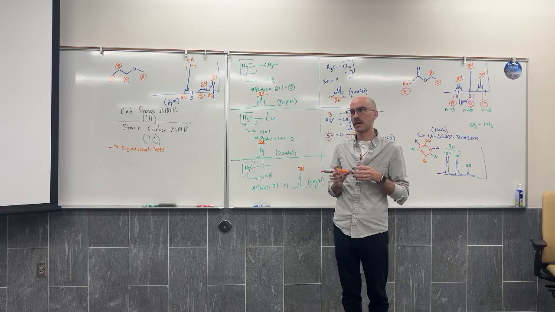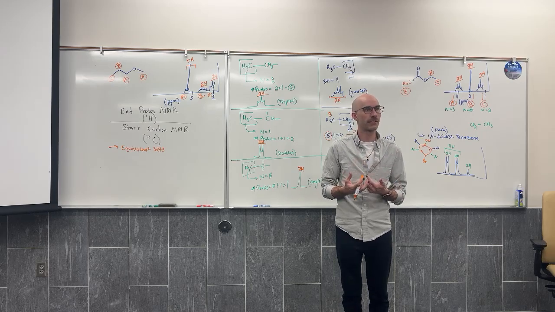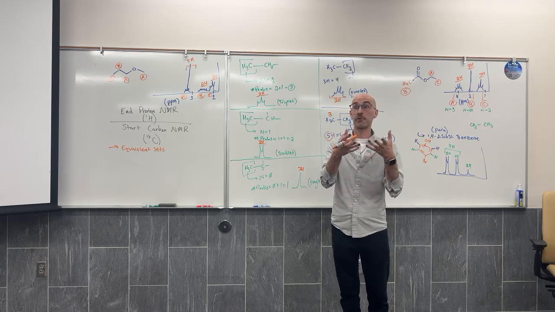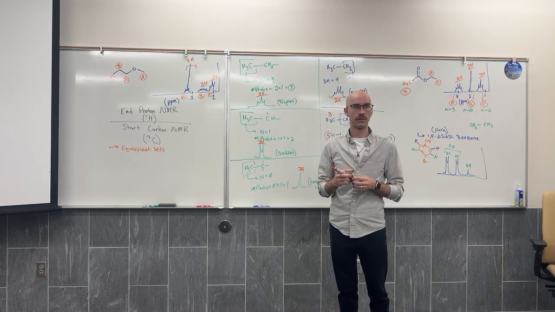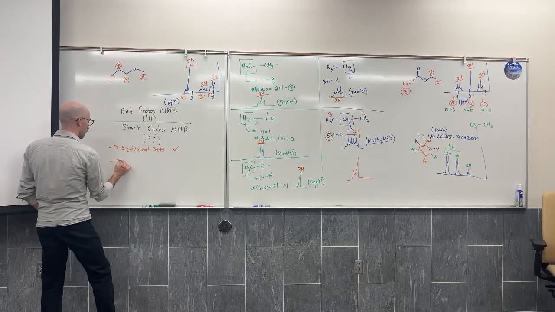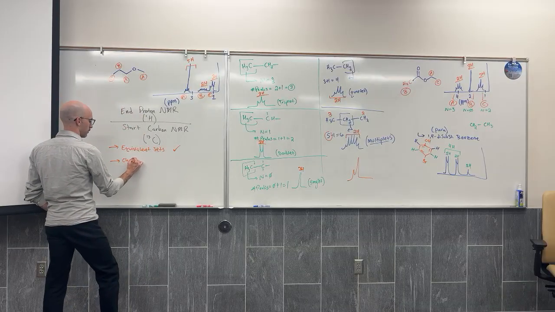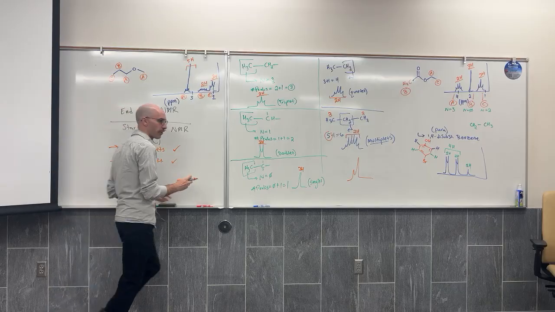The only difference is that you don't get these clusters of carbons like you get clusters of hydrogens. You're not going to have some C3 group like you have a CH3 group. This is all the same. Chemical shift. Very much the same.